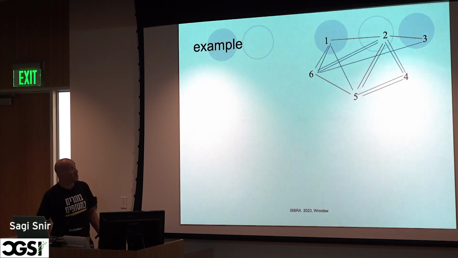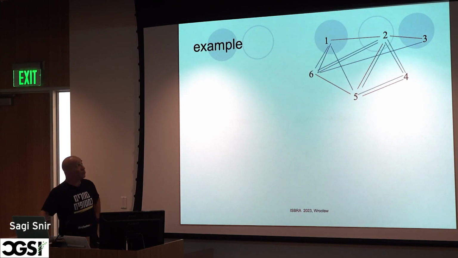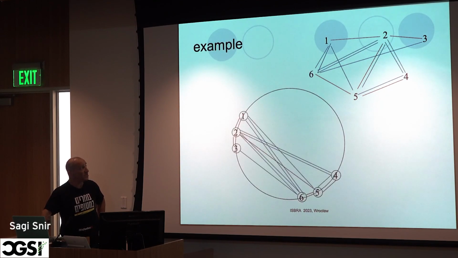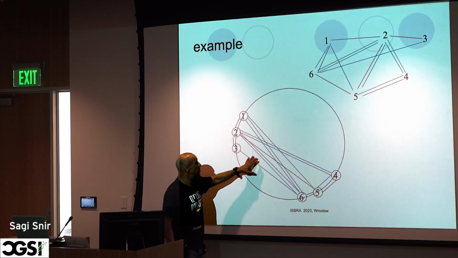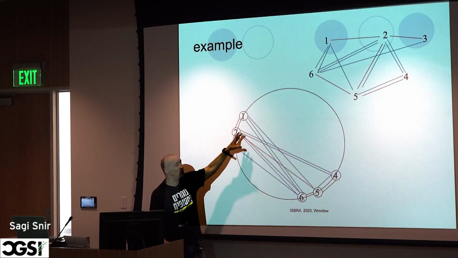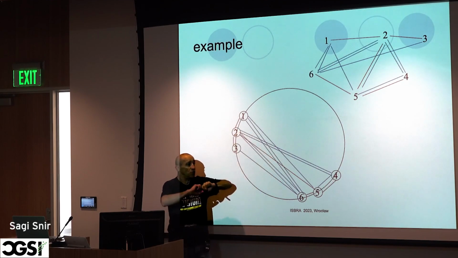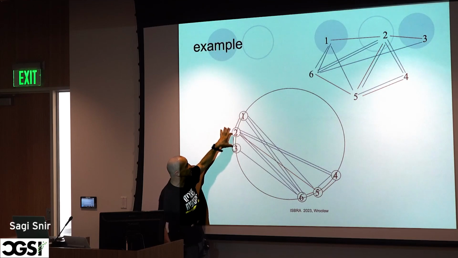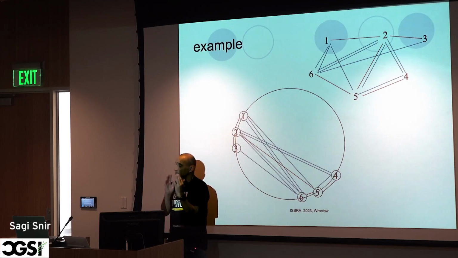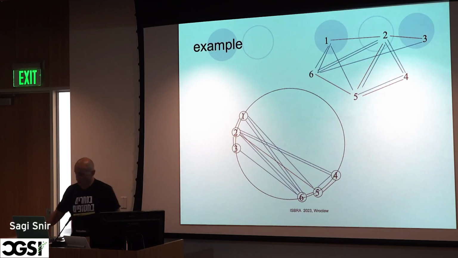Okay, so let's see the example. We have the example here. This is our toy example instance of 6 elements, given by these rooted triplets. And this is how we map them. This is our SDP, and we have the blue edges that we want to be as long as we can, and the red edges as short as possible.